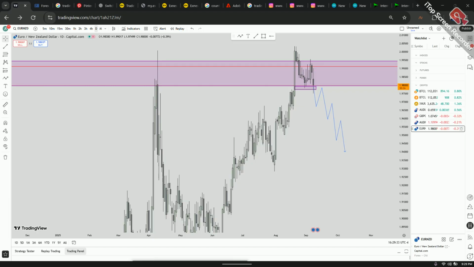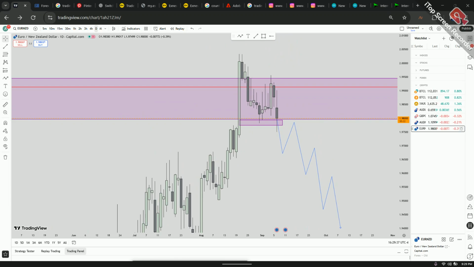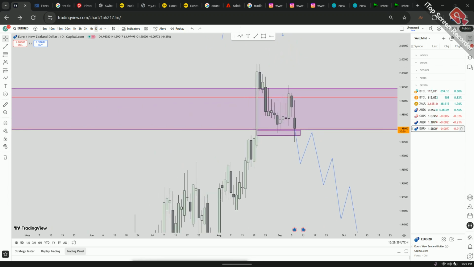So normally, this is what price was supposed to do. Let me zoom in. If this trend was still bullish, this is what price is supposed to do. When this pullback happens, it's supposed to give us a new high, but it came here and reversed.